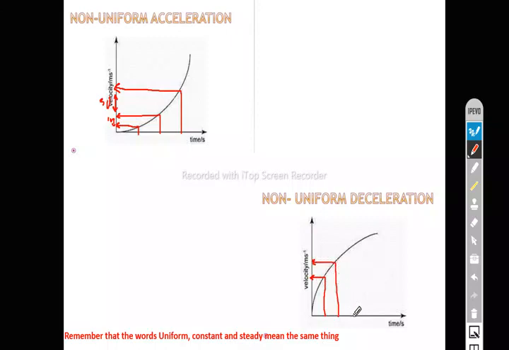Are we seeing something here? This proves that he is slowing down.